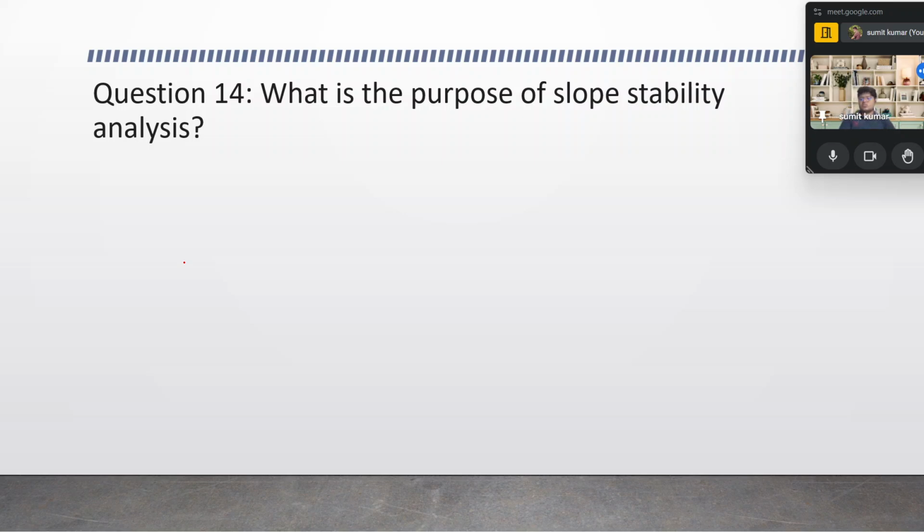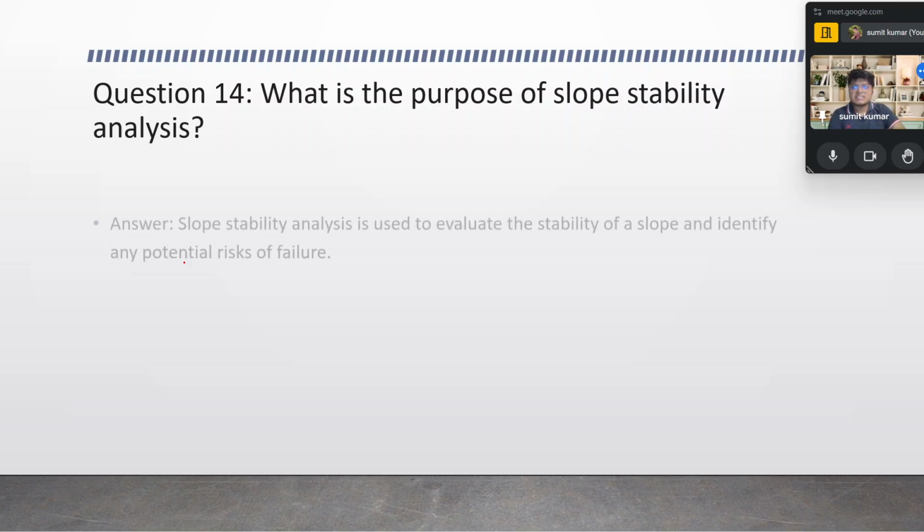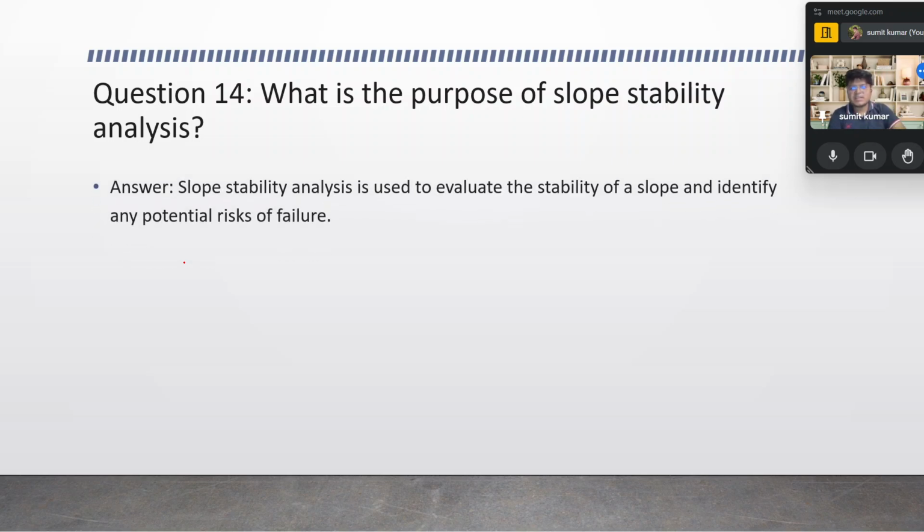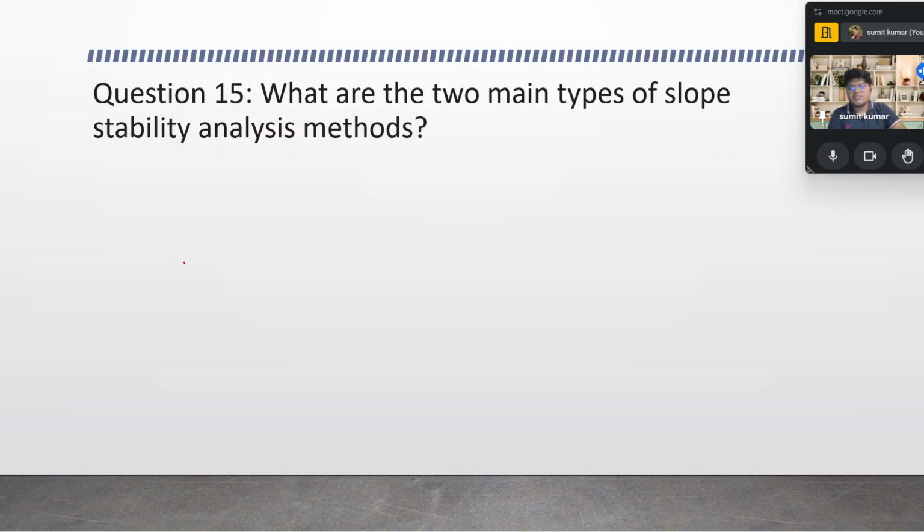Now, the next question is, what is the purpose of slope stability analysis? So the answer for this question is that the purpose of slope stability analysis is to evaluate the stability of a slope and identify any potential risk of failure.